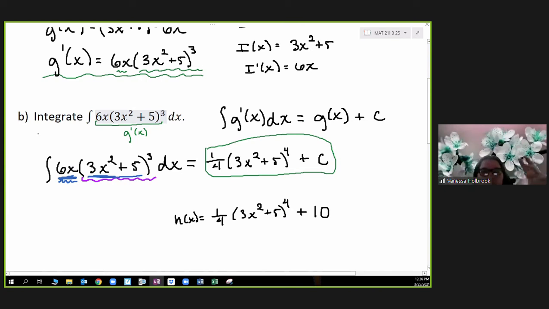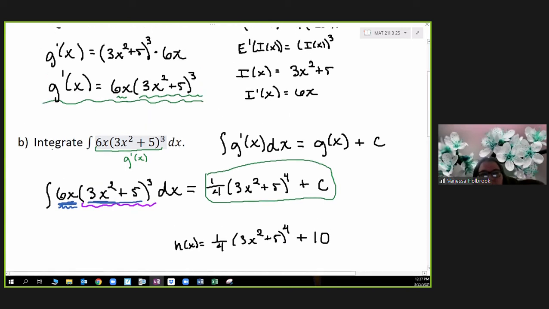It just seems like you're starting with something, you're going through the whole thing, and then you're going back to what you started with. Is there a way to know that it's going to be this type of equation as opposed to having to go through the chain rule and do all those steps?